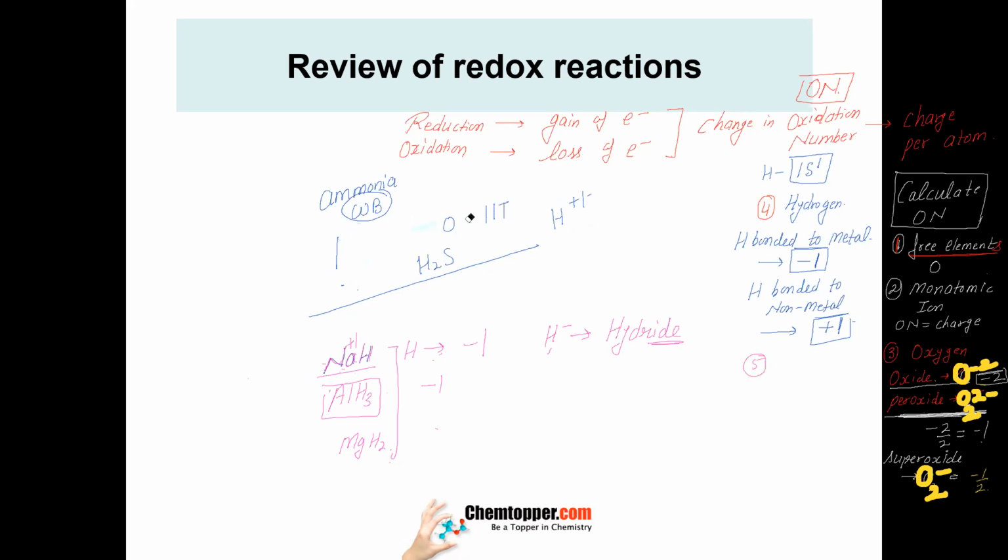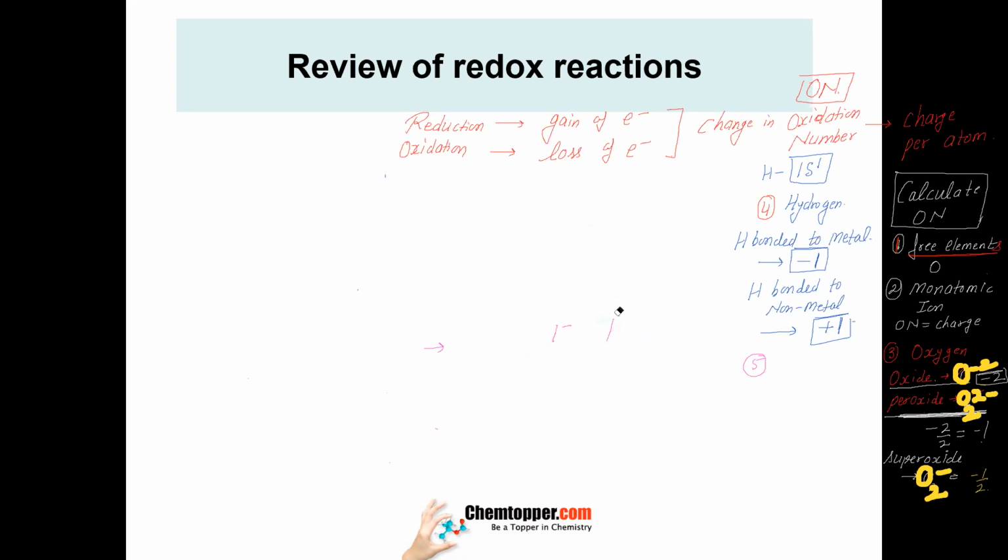Now I'm going on to rule number 5. Rule number 5 is group number 1. In the periodic table, what can be the oxidation number of group number 1 elements? What's the oxidation number of group 1 elements? It is always +1, all of them fixed.